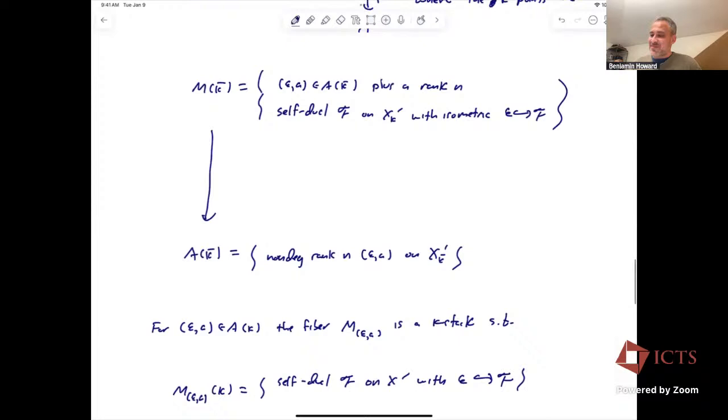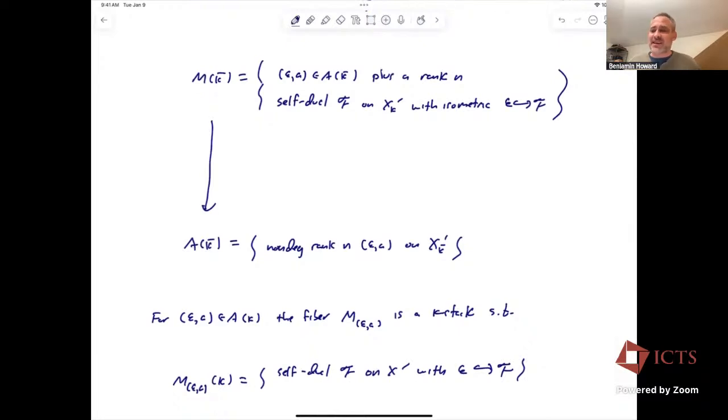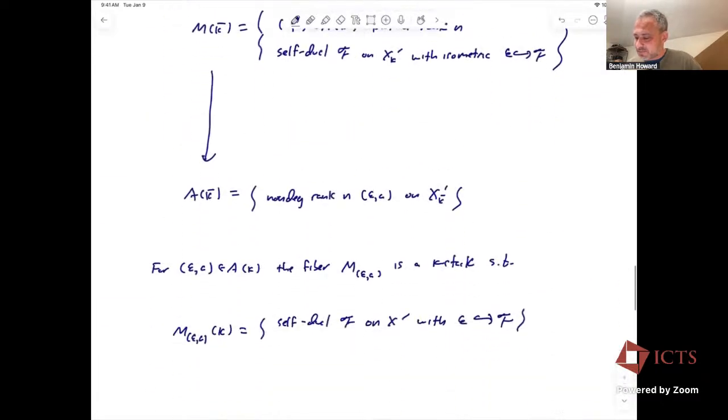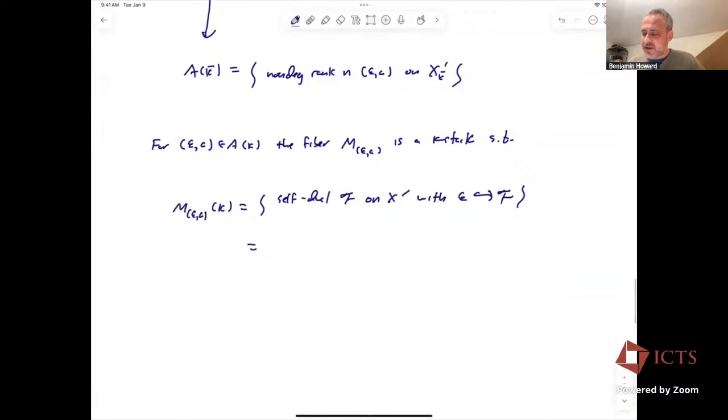Right? That's just a k point of the thing I wrote down. But the point is, that's the same thing as a k-bar point of our zero cycle. So the k points of the Hitchin stack M are the same as the k-bar points of the zero cycle we're interested in.